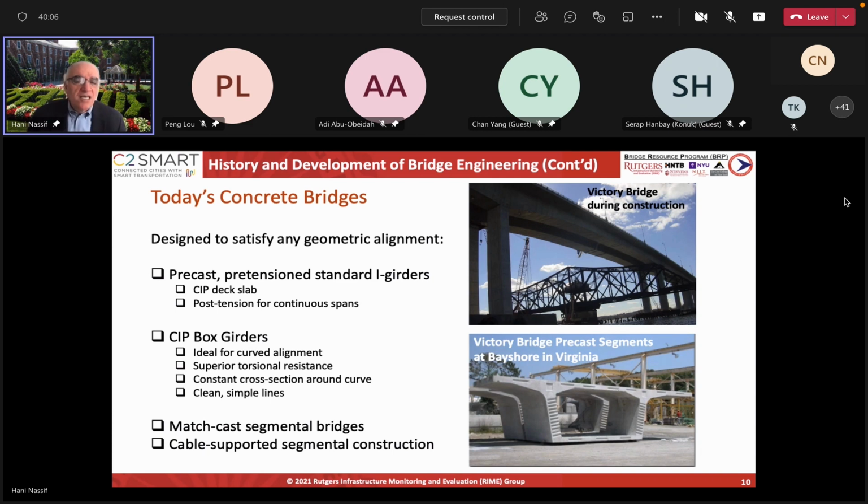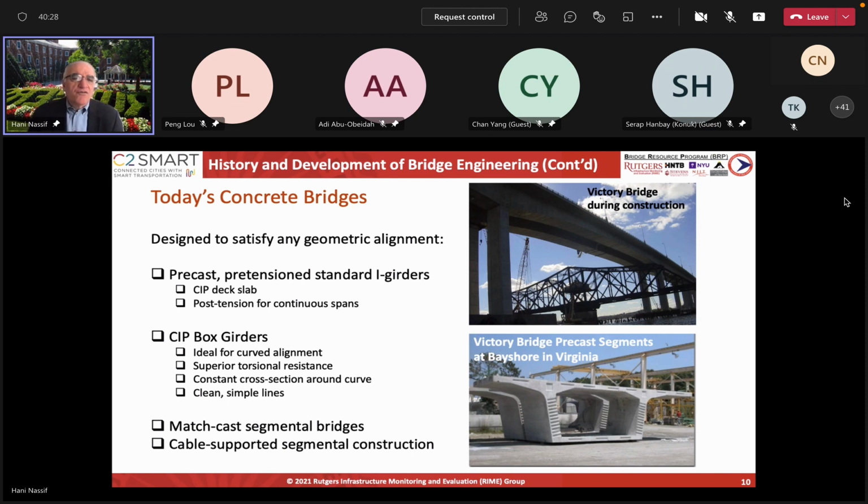It's less cracking. And even if it has a hairline crack, the crack is usually closed, because it's usually in compression until you have live load on top of it, then it will open up and close again. Whereas in reinforced concrete, once it cracks, the crack might remain open, which will impact the corrosion of the rebar.